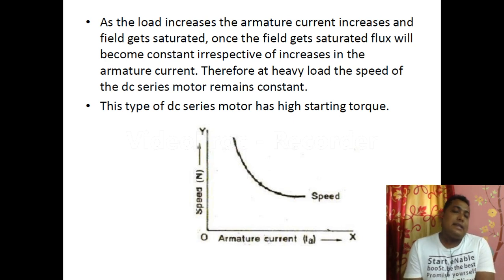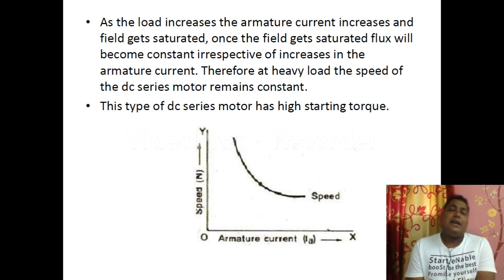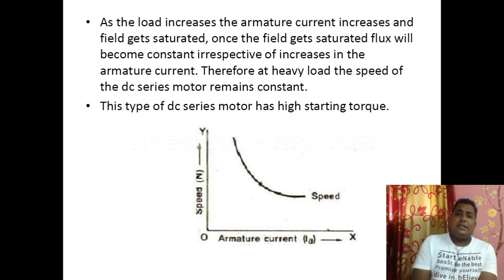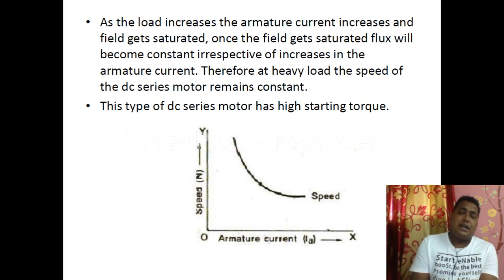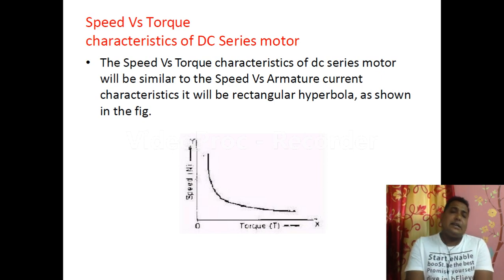Once the field gets saturated, flux will become constant irrespective of increase in the armature current. Therefore at heavy load the speed of the DC motor remains constant. This type of DC motor has very high starting torque. So this is the characteristic of speed versus armature current. Coming to the next characteristic, that is the characteristic of speed versus torque.